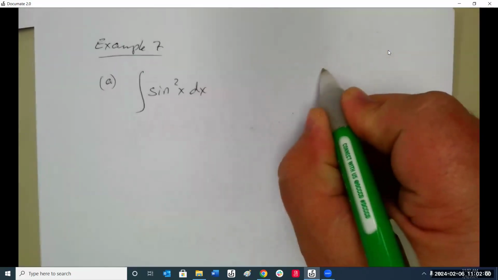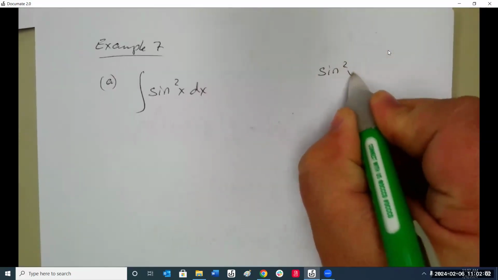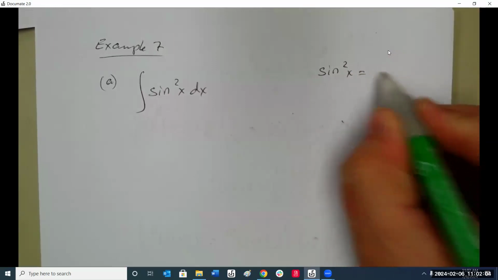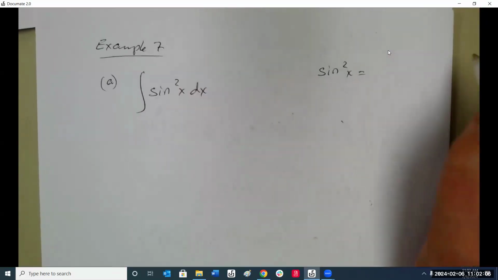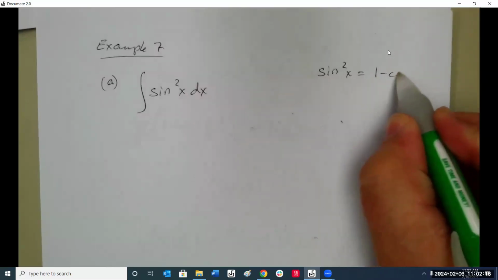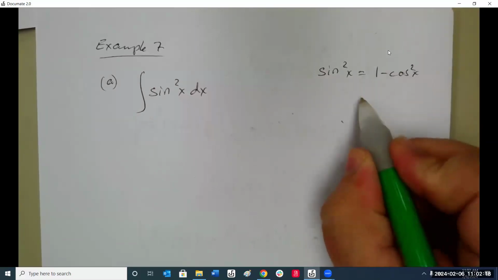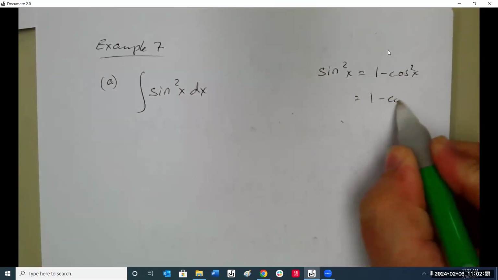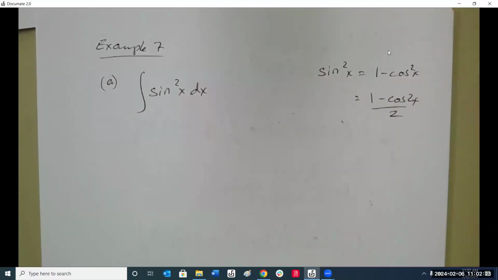So we look at sine squared x is equal to what? We can say it's 1 minus cosine squared. And that's the same thing as saying 1 minus cosine 2x over 2.